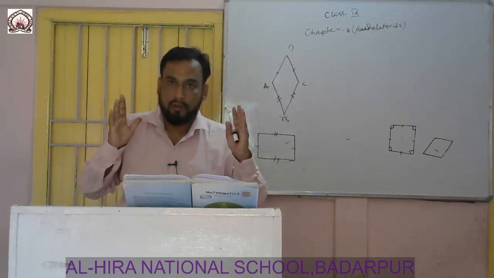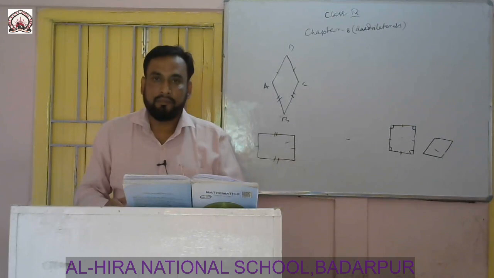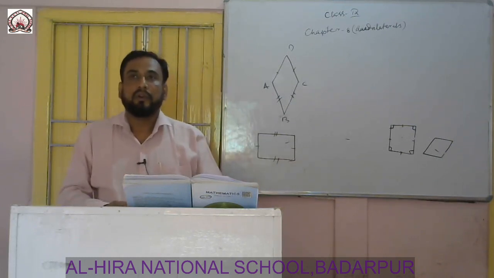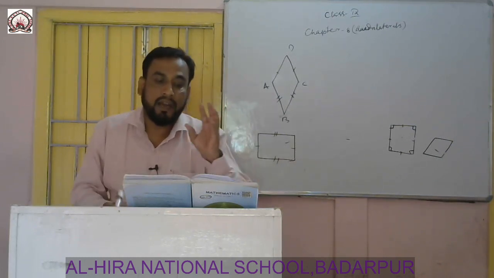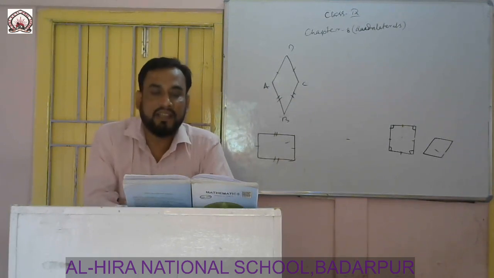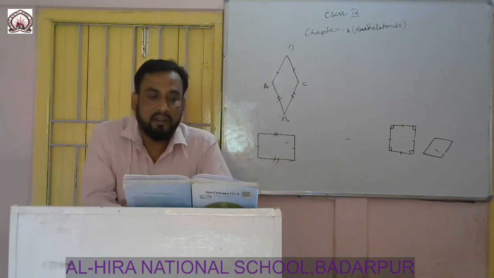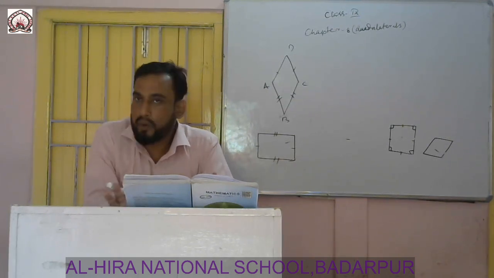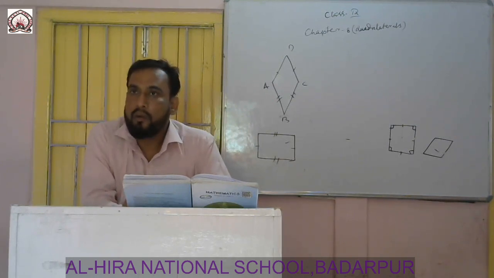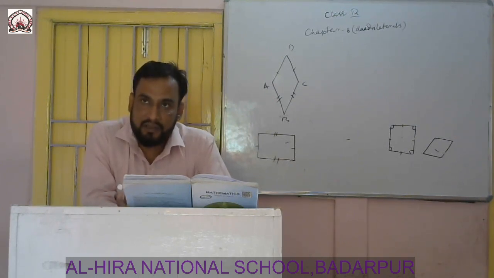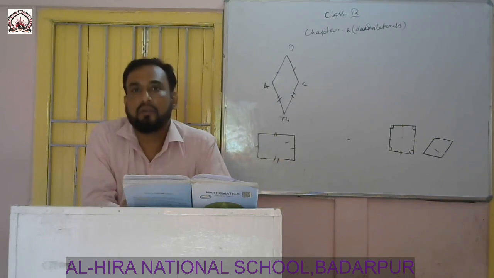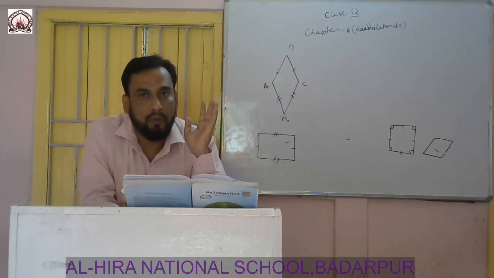To prove a theorem, first of all we have to know what is given in the statement and what is to prove. Then, if any construction is required, then the proof. That is, there are 4 parts.